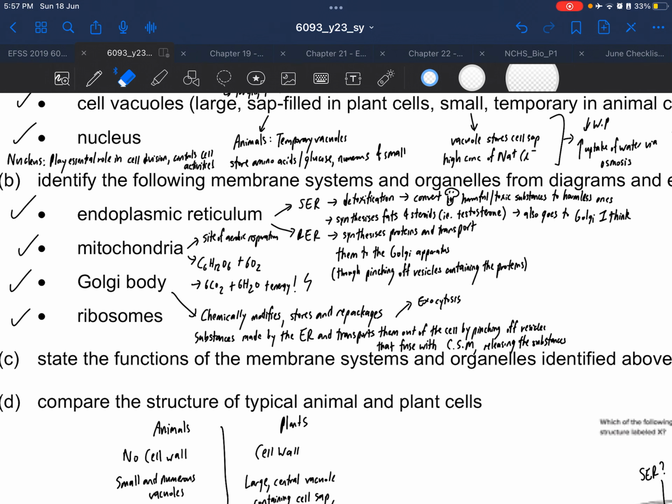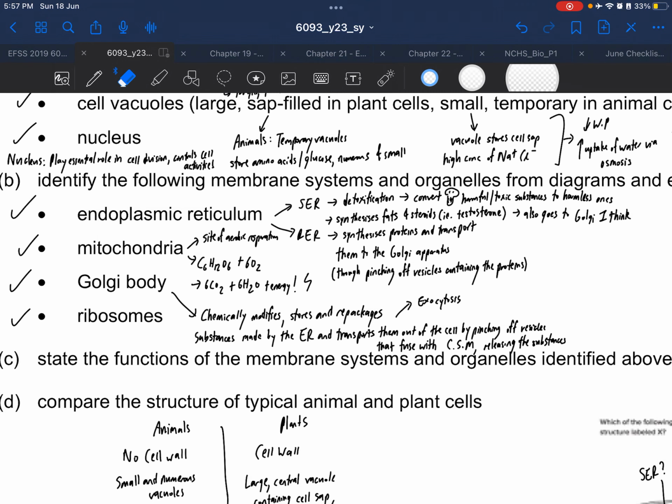So for the mitochondria, it's just the site of aerobic respiration. So the mitochondria carries out aerobic respiration to release energy for cellular processes or life processes. The Golgi body, there's three keywords: chemically modifies, stores, and repackages. So the function is basically it receives the vesicles from the rough endoplasmic reticulum.